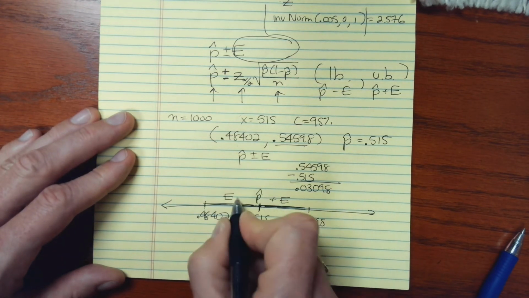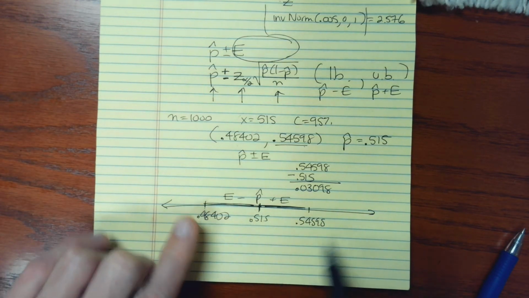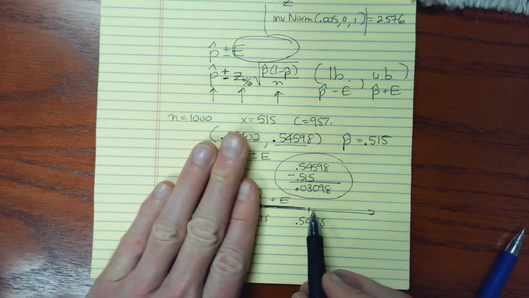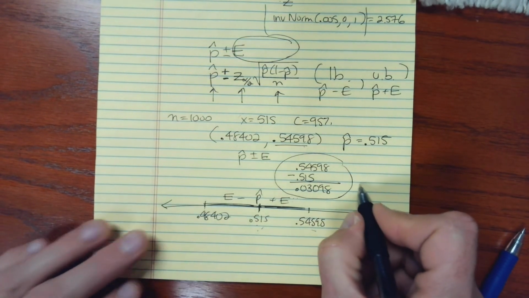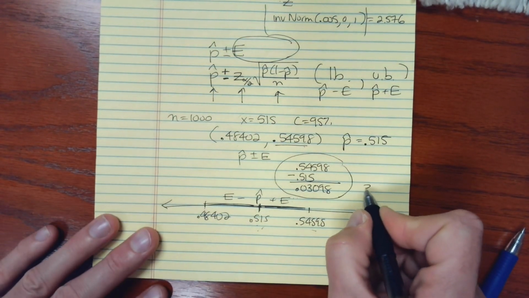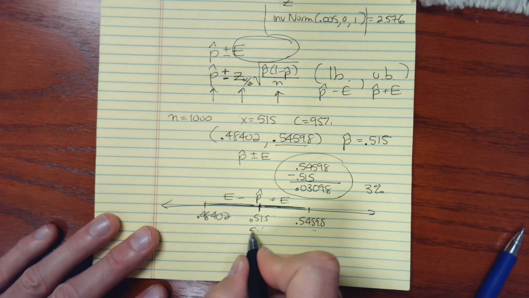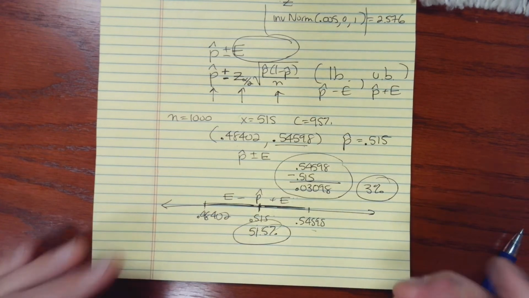That was plus E, and that's minus E. Notice these are the same. So I was suggesting that we take this value and subtract that, and that gives us E, our margin of error. The margin of error here would be about 3%. So our estimate is about 51.5%, and our margin of error is 3%.